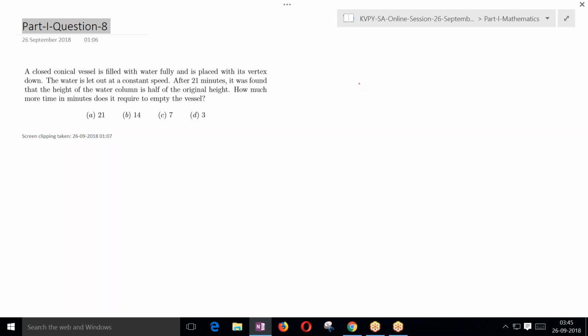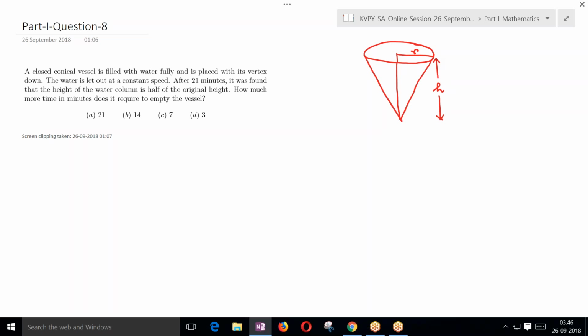This is the closed vessel, and let's assume this is the radius r, and h is the height. Then what is the volume of this cone?